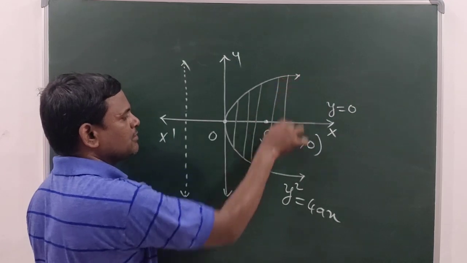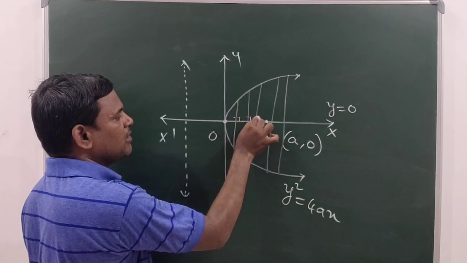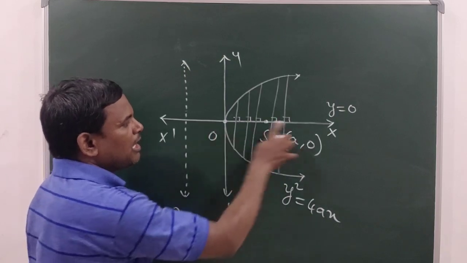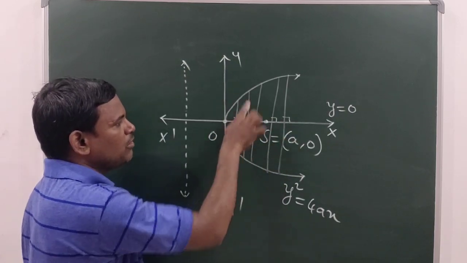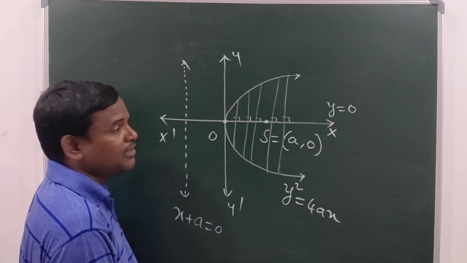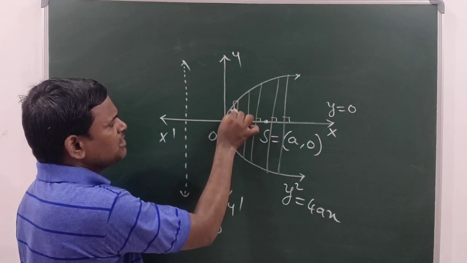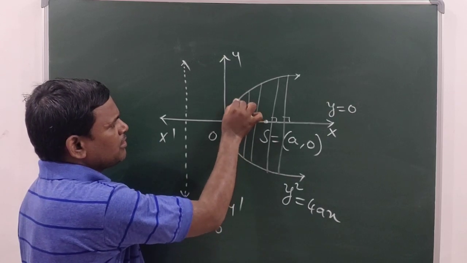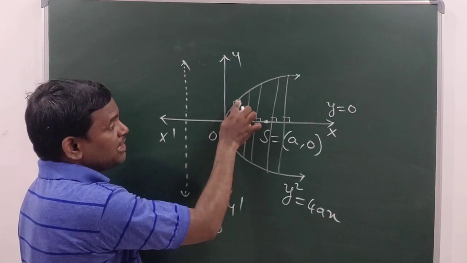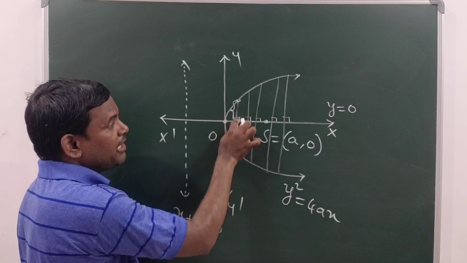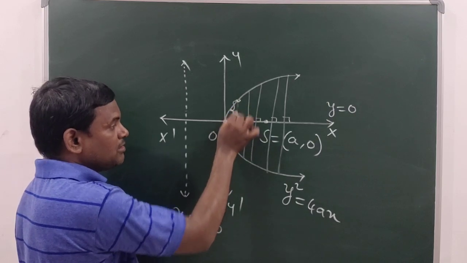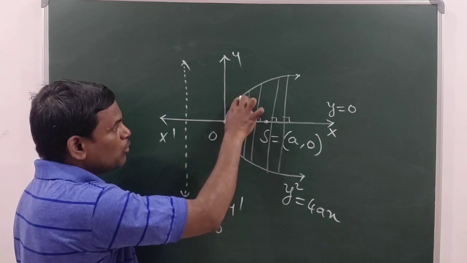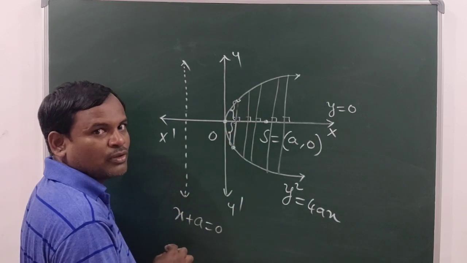All these chords make 90 degrees with the axis of this parabola, hence they are called double ordinates, because this length is equal to this length. This is the y coordinate of this point, and this represents the y coordinate of this point. So both will be equal, you know.